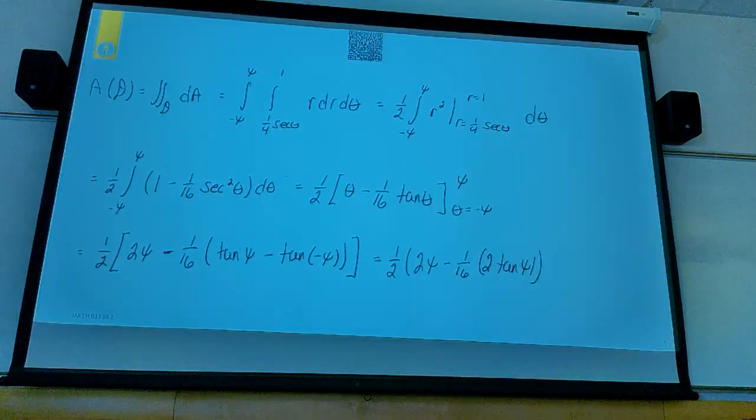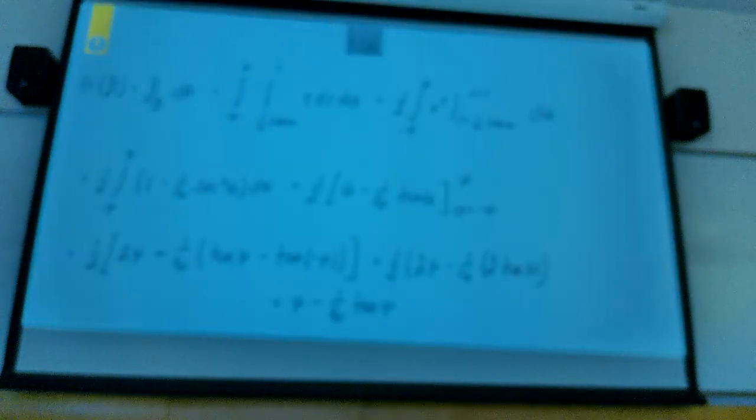Now we have 2 common, factor it out. However, that's not good enough.